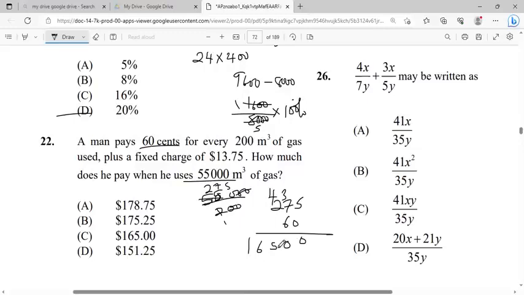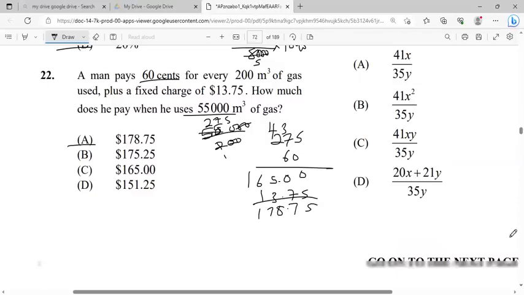Put the 2 decimal, please, and then we add the $13.75 to it, which gives us 57871. So that is A. Let's move on to the next one, which is 23.